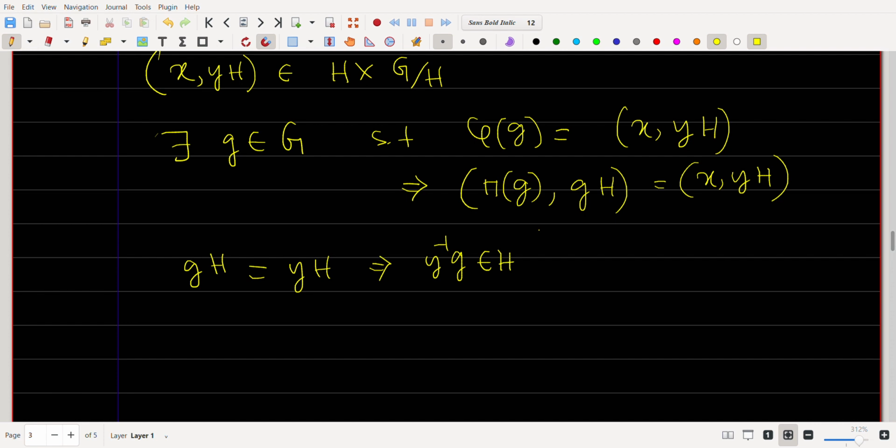So I am going to repeat again. I need to show that phi is onto, right? That means if I take any element from the codomain group, I need to check that there exists an element belonging to the domain such that phi of g equal to that.